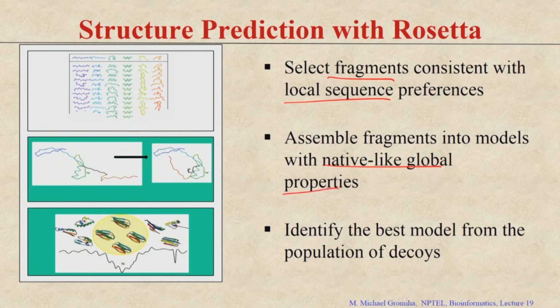Then they combine all these things together from the populations, and for the unknown cases they do the modeling, and then finally they generate the models and go with the different possible structures and select the best one. This is how they use it.